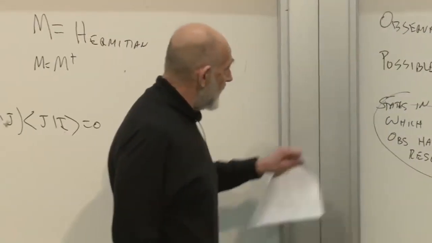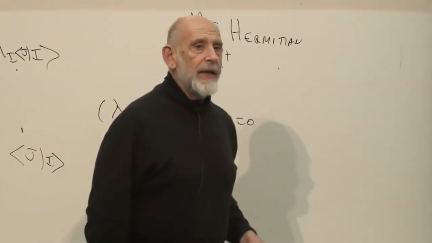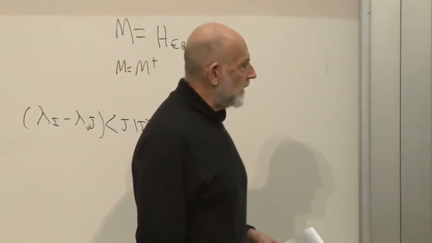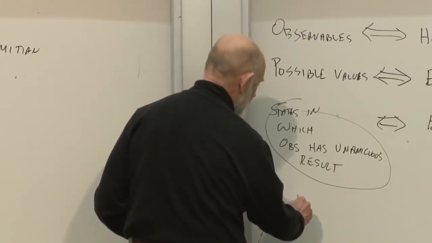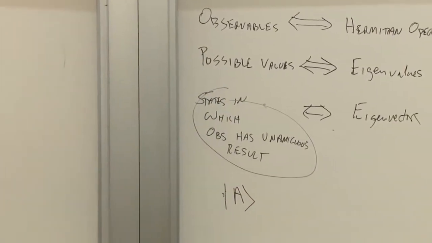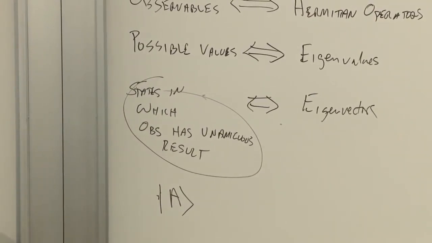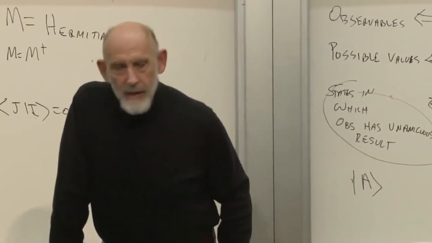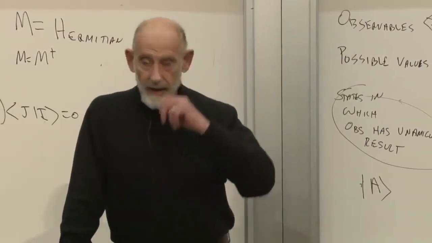So we have three connections, and now a fourth. Given a general state A, not an eigenvector, where somebody made an electron or a system of some sort and left it in the state A, we can ask what is the probability that we measure the eigenvalues of M at different values.